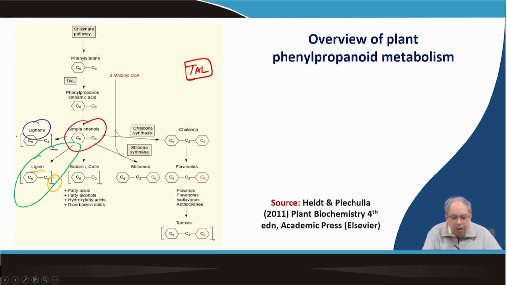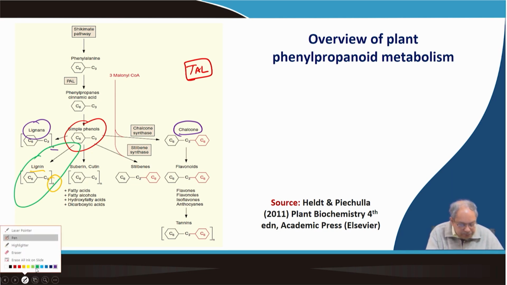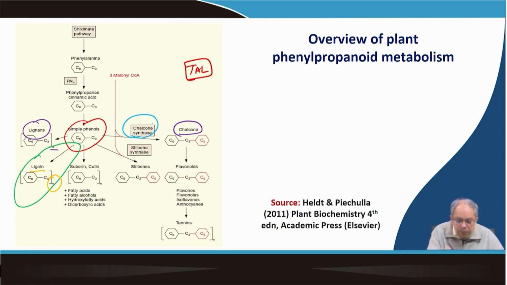Now, this C6C3 structure joins with malonyl CoA, either 3 molecules or 2 molecules of malonyl CoA, and it makes different structures which are C6C3C6 structures. This is chalcone. Chalcone is basically the precursor of anthocyanin, and the enzyme is called chalcone synthase. What is the substrate of chalcone synthase?